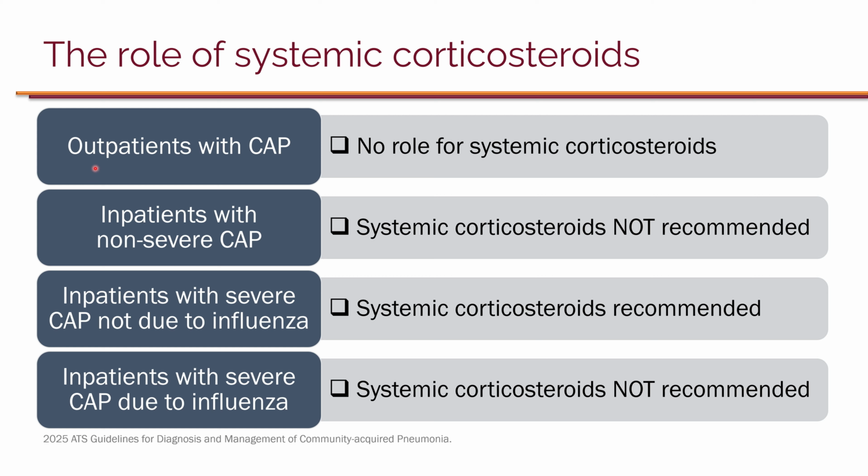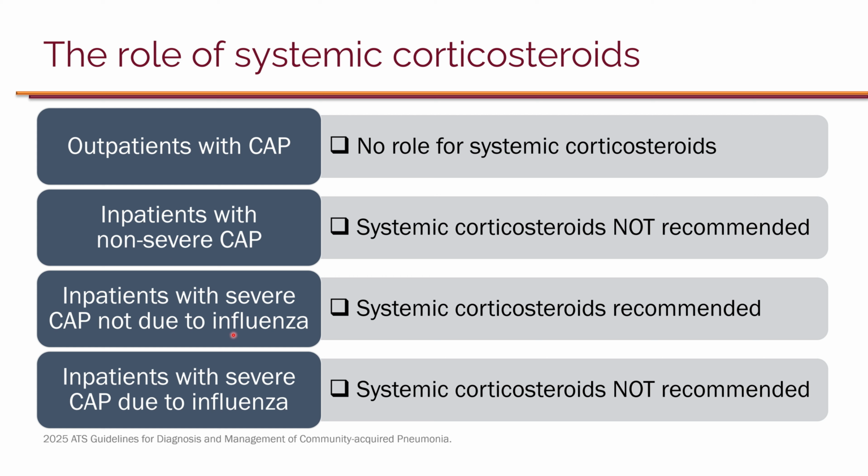First, note that in the outpatient setting for patients with community-acquired pneumonia, there is no role for systemic corticosteroids. So we're only considering these for inpatient setting. And for those who are hospitalized, if they have non-severe community-acquired pneumonia, systemic corticosteroids are not recommended.